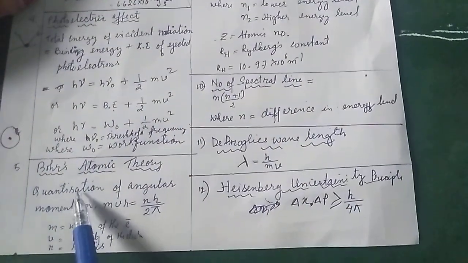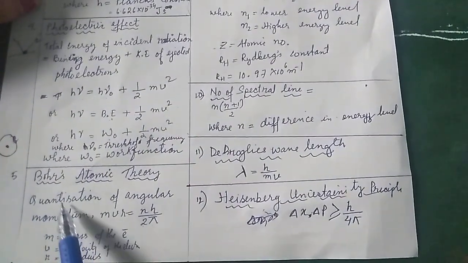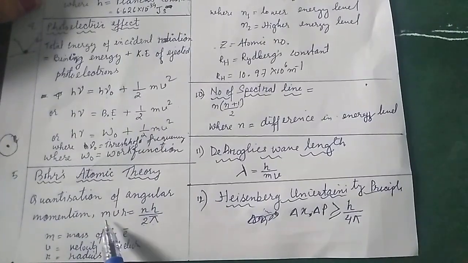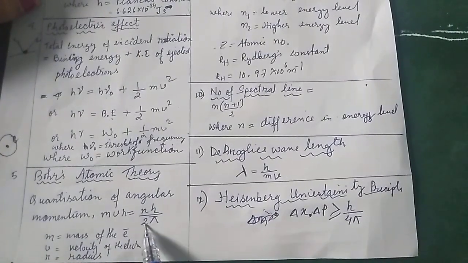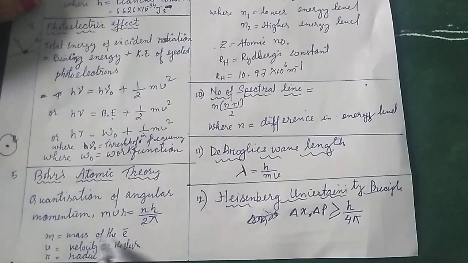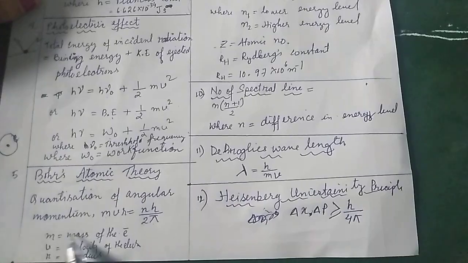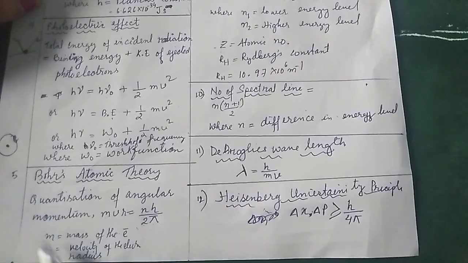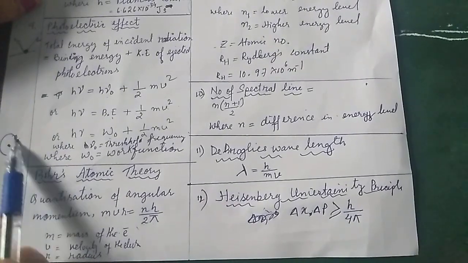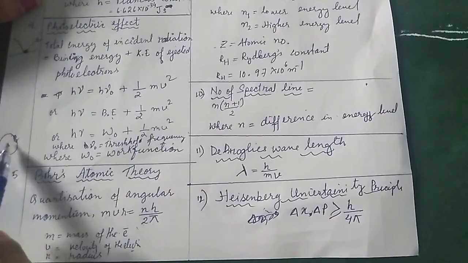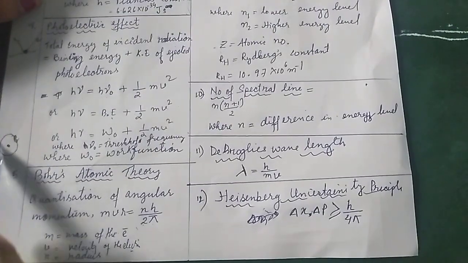Next, from Bohr's atomic theory, electrons revolve in those orbits which satisfy the formula mvr is equal to nh by 2 pi, where m is the mass of the electron revolving around the nucleus, v is the velocity of the electron, and r is the radius of revolution around the nucleus.